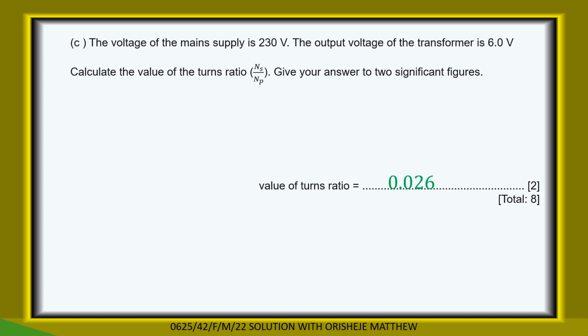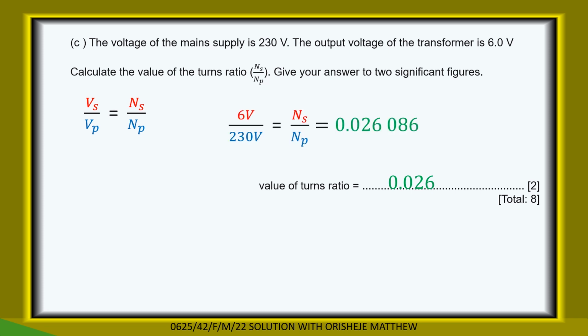Okay, if you look at that, we use the formula for a transformer. The secondary voltage divided by the primary voltage is equal to the number of turns in the secondary coil divided by the number of turns in the primary coil. So the secondary voltage is 6 volts divided by the primary voltage of 230 volts.